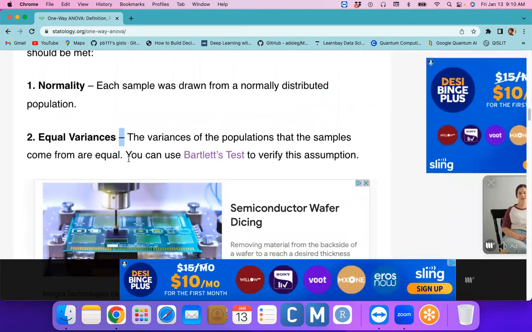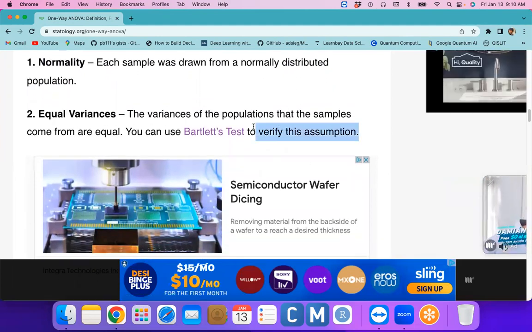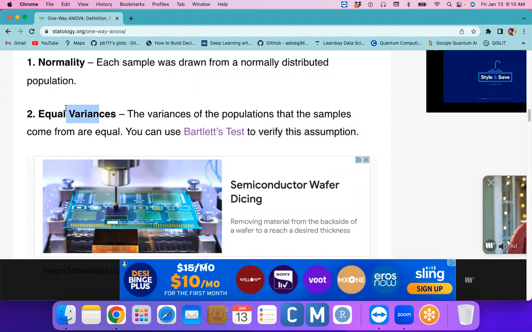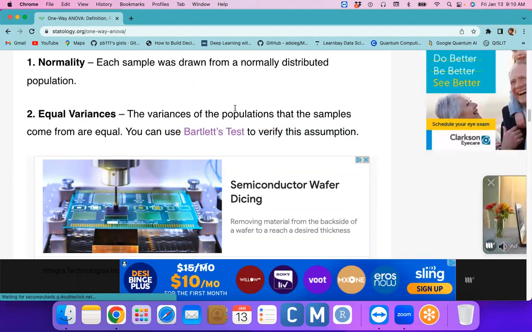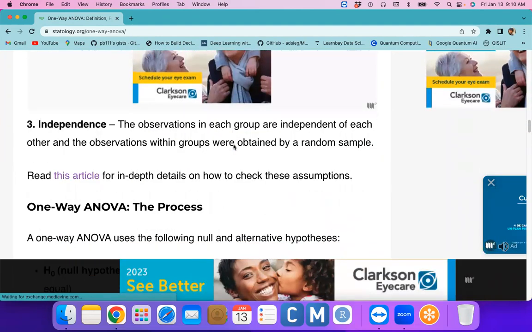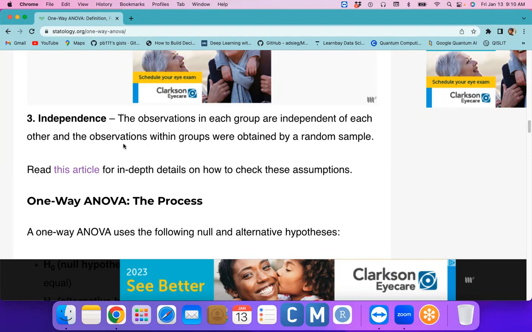If you want to check whether they are equal or not, we can use the Bartlett test to verify that assumption. Then independence, in the sense that one group is independent of another, both groups are different groups. The observations in each group are independent of each other.